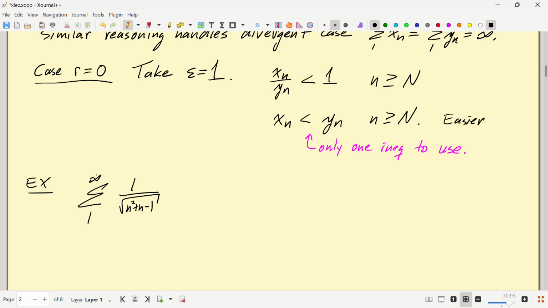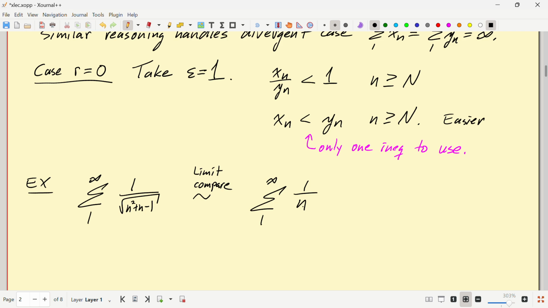You have to think kind of hard to do it. But if you use the limit comparison test, you think, aha, that thing in the denominator, when I take the square root, is going to look like the square root of n squared, because n squared is much bigger than the other terms. And the square root of n squared is n. So we would do a limit comparison with the sum of 1 over n.